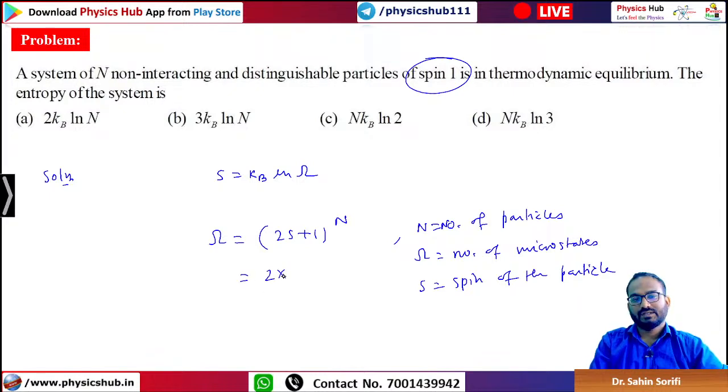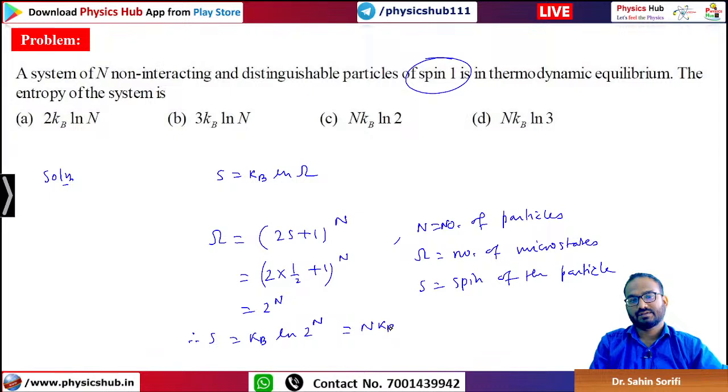So 2 into S is half, n number of particles, so to the power n. So this is 2 to the power n, and S is equal to Kb ln 2 to the power n. So n Kb ln 2.